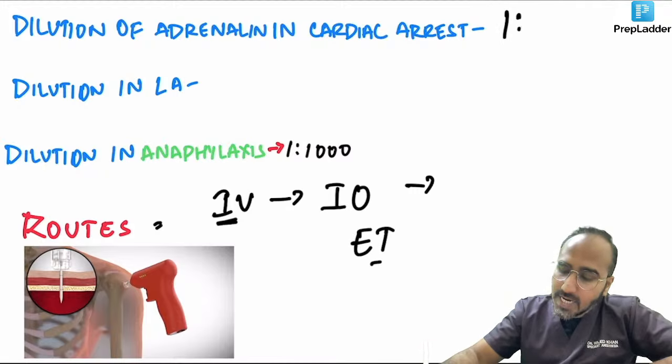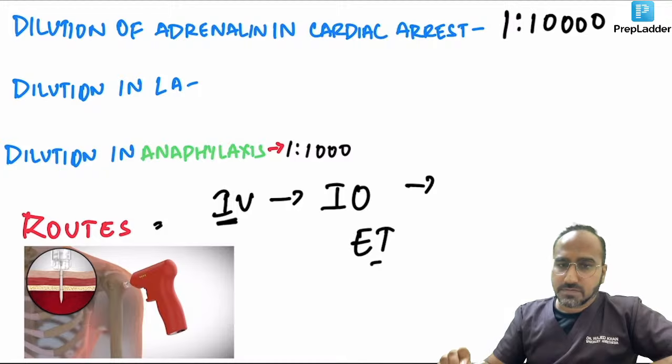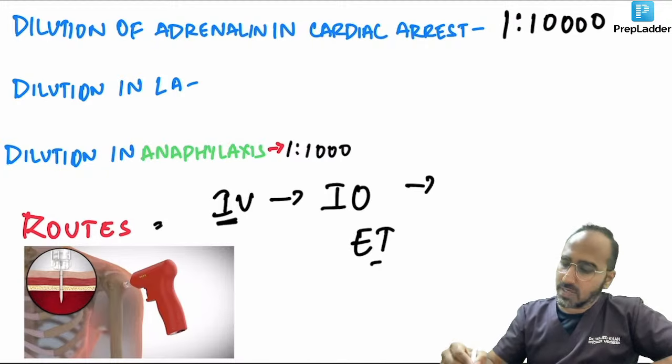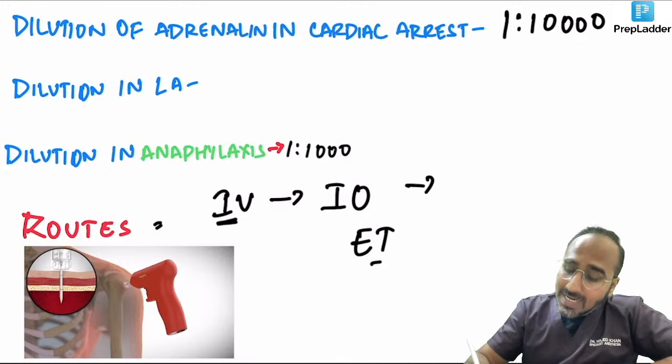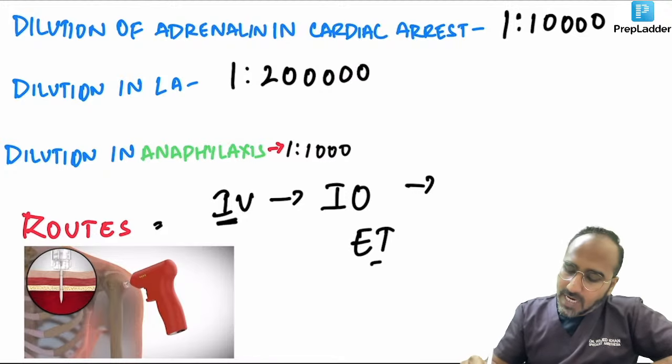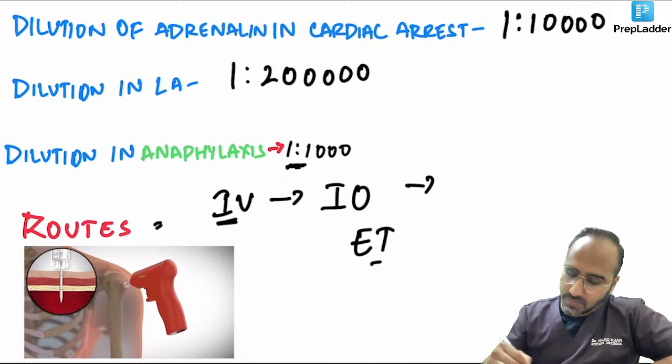In cardiac arrest, the dilution is 1:10,000. That means 1 gram of adrenaline in 10,000 ml of water. Next, in local anesthetic, it is 1:2 lakh. Whereas in anaphylaxis, it is 1:1,000. Okay. This is regarding adrenaline.